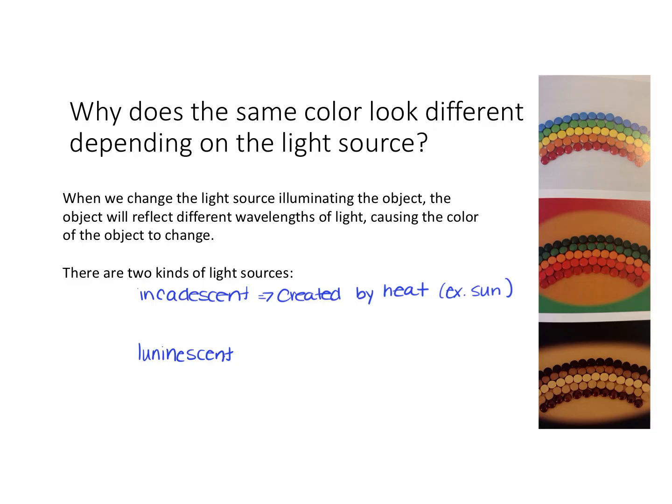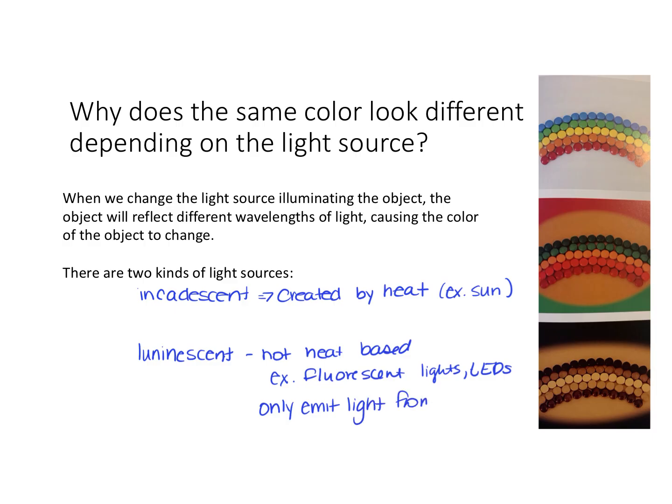Luminescent light is not heat-based, right? And examples here are things like fluorescent lights, LEDs, which you find in monitors or televisions. Now, the luminescent light sources only emit light from part of the visible spectrum.